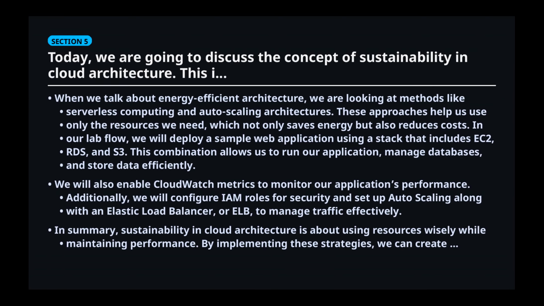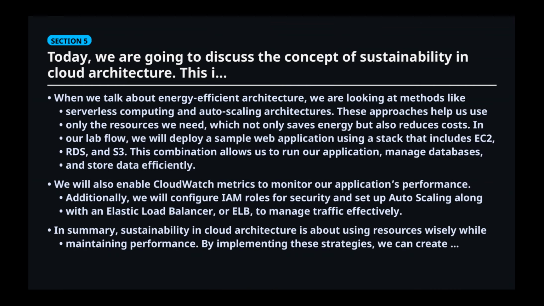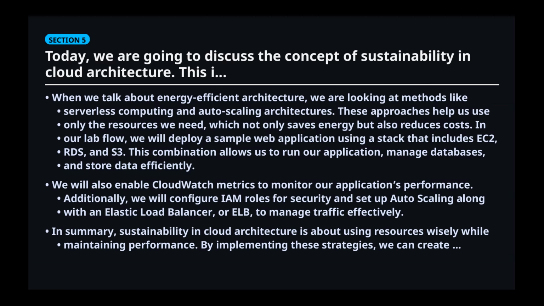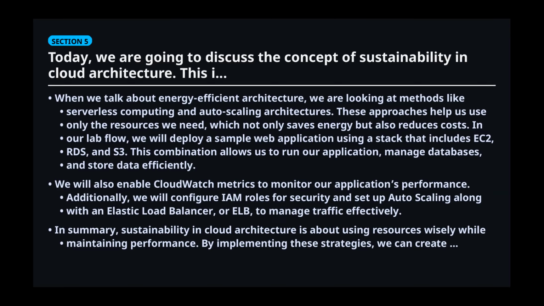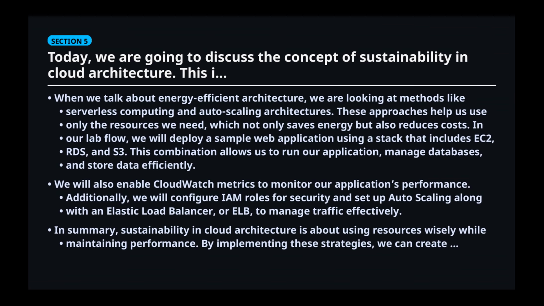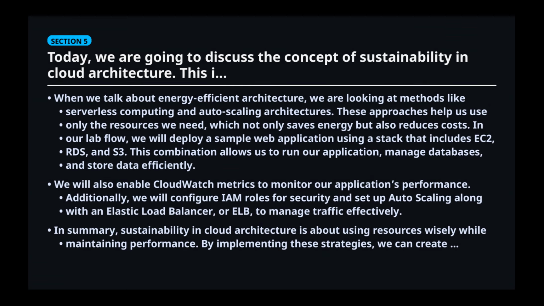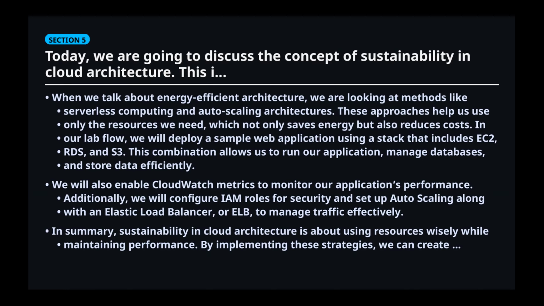Additionally, we will configure IAM roles for security and set up auto scaling, along with an Elastic Load Balancer, or ELB, to manage traffic effectively. In summary, sustainability in cloud architecture is about using resources wisely while maintaining performance. By implementing these strategies, we can create applications that are both efficient and scalable.